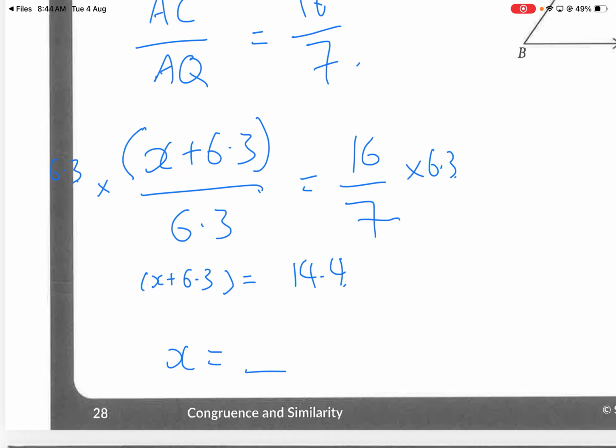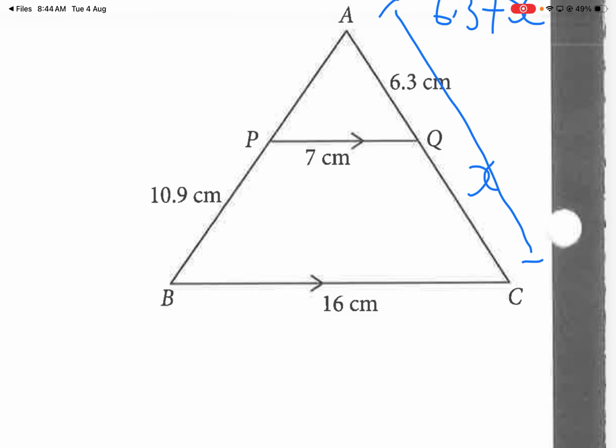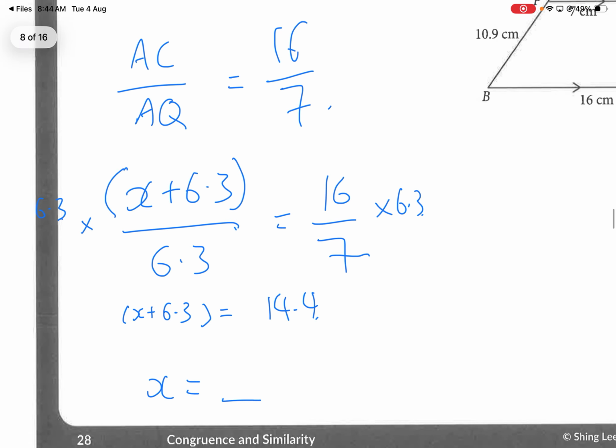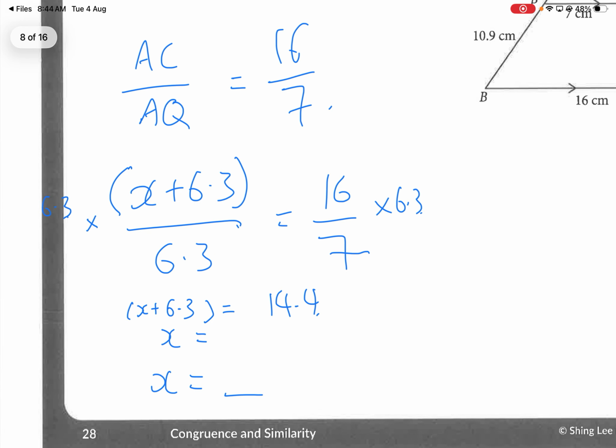So what is this 14.4? Actually, this 14.4 is your entire AC. AC is 14.4. So what is X? I must minus 6.3 on both sides. Minus 6.3. Because when I minus 6.3, this one will disappear.